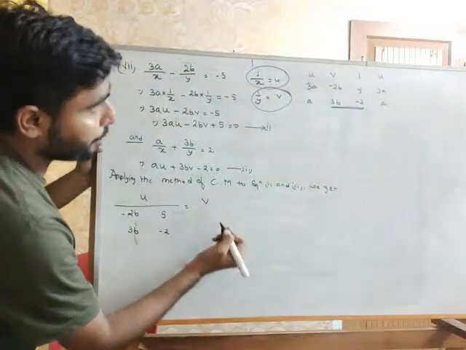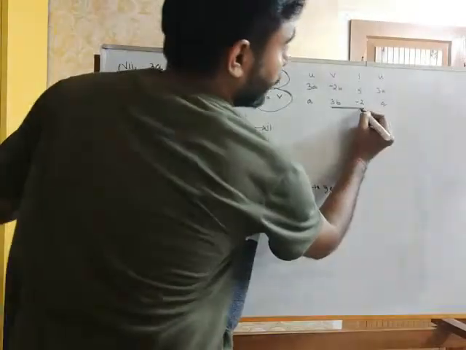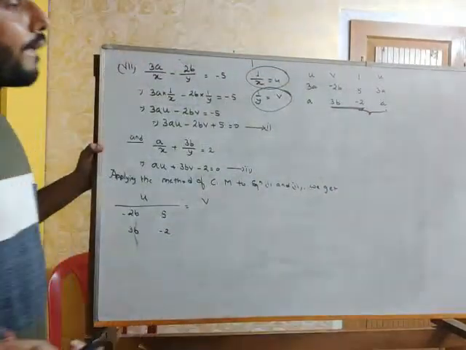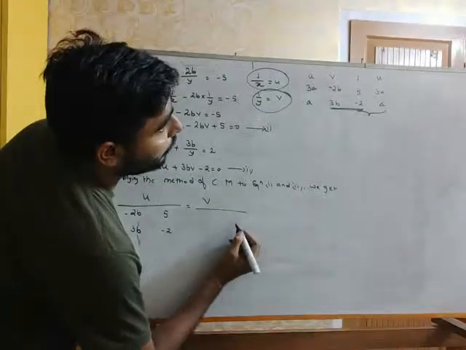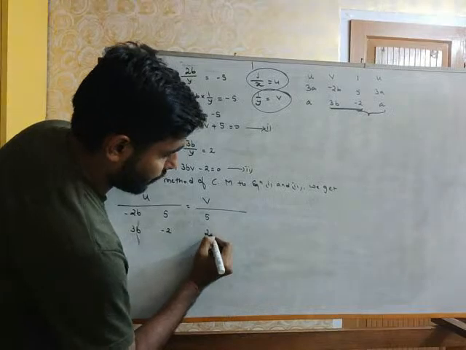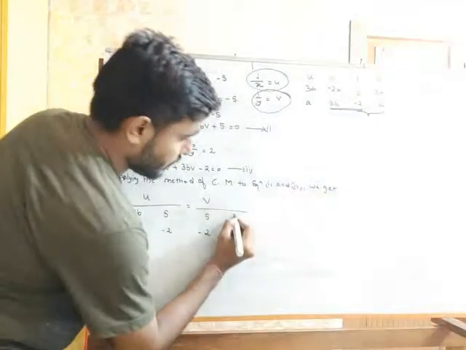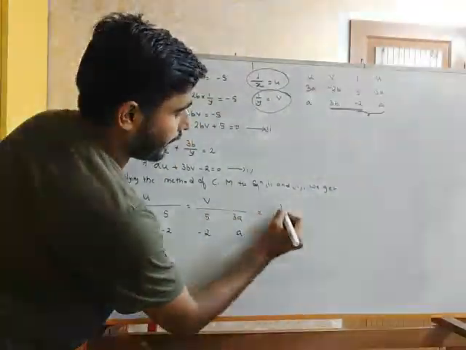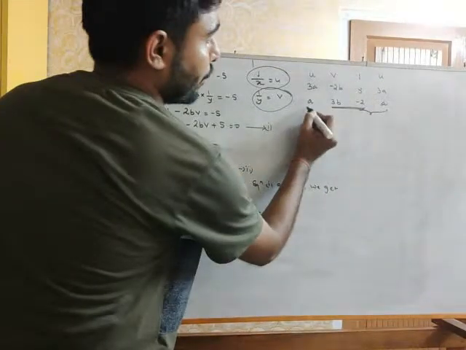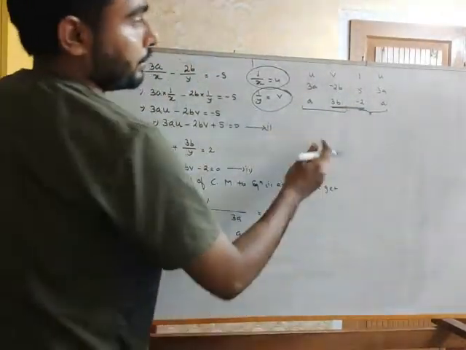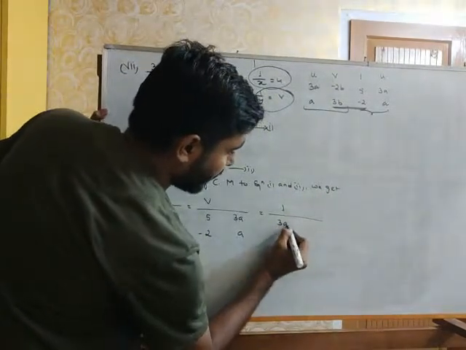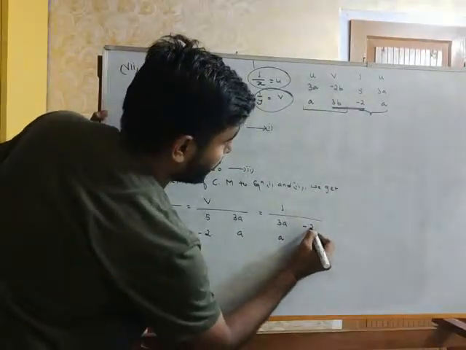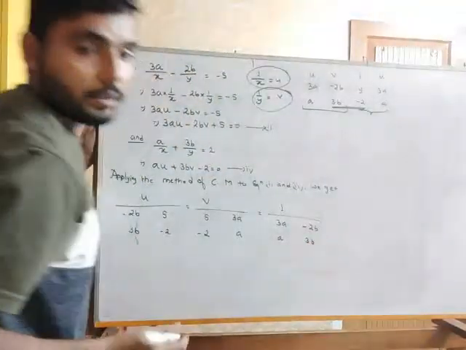Then for v, a will come. For the constant term, 5 and -2, thrice a and a, and for the constant term this 2. So thrice a by a, minus 2b, thrice b.